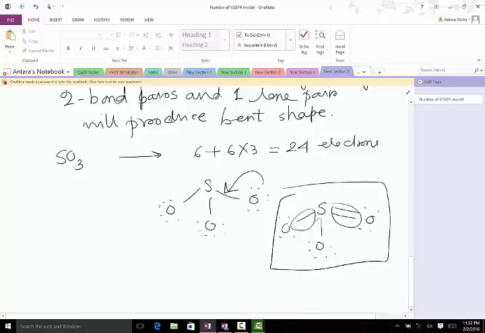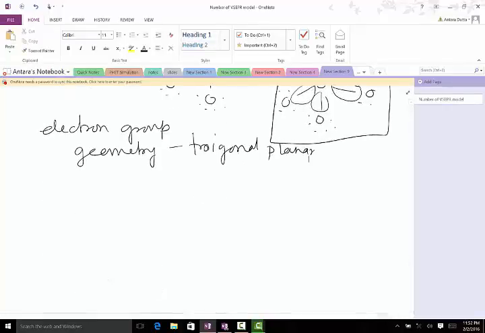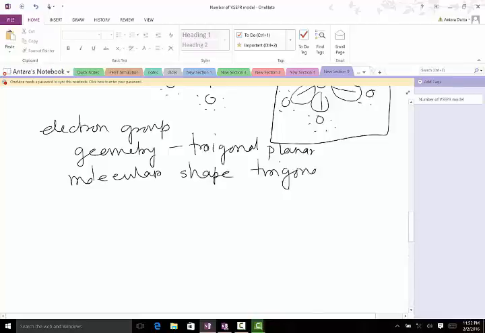So this is the correct Lewis dot structure of sulfur trioxide, and again it clearly shows that it has 3 areas of electron density. So that means the electron group geometry is trigonal planar, and since the structure doesn't have any lone pair, that means the molecular shape is trigonal planar, and the bond angle would be 120 degrees.